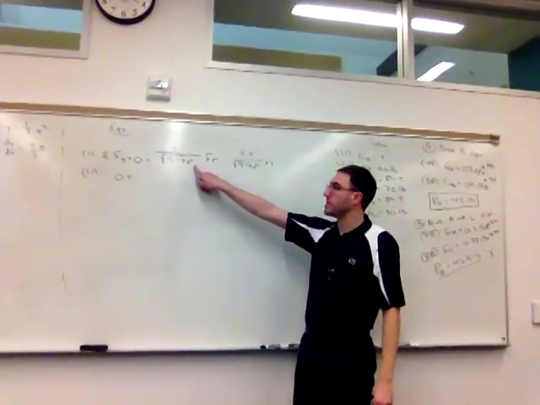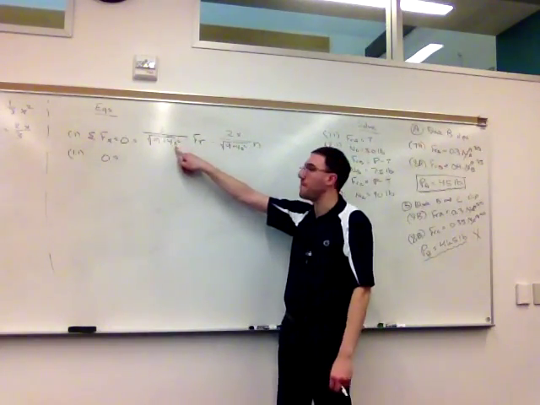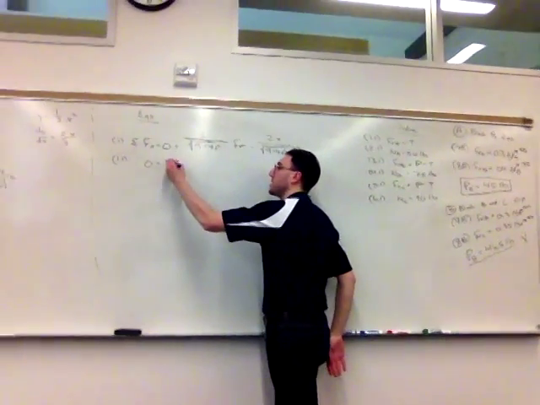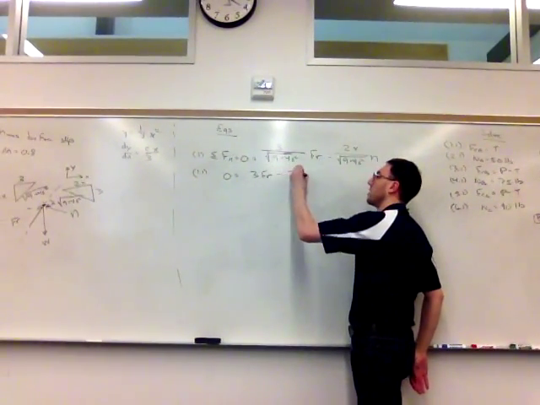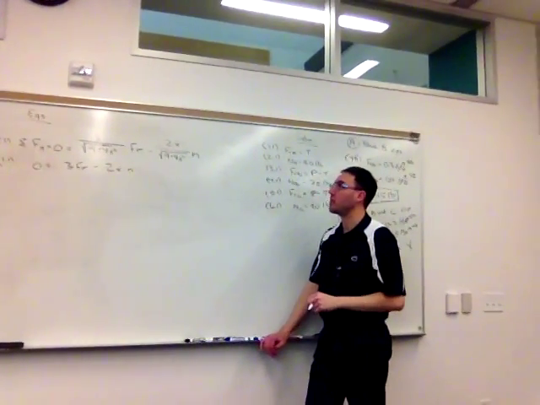As long as the denominator is not 0, which it can't be for any real value of x here, I can multiply through by the denominator and simplify this so it's a little bit easier to use. So equation 1 I can just write as 3 f_r minus 2x times n.